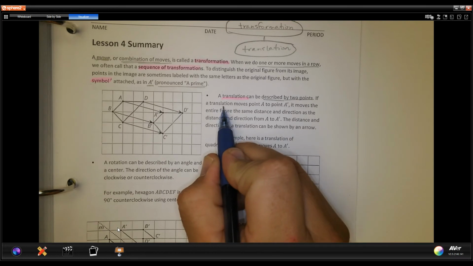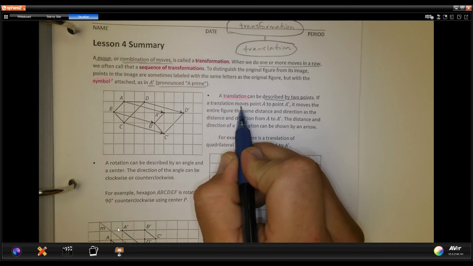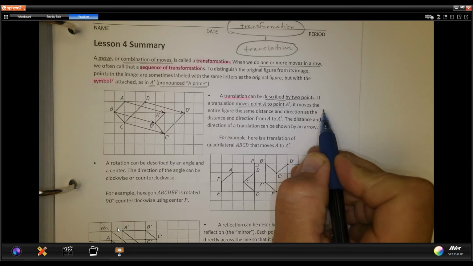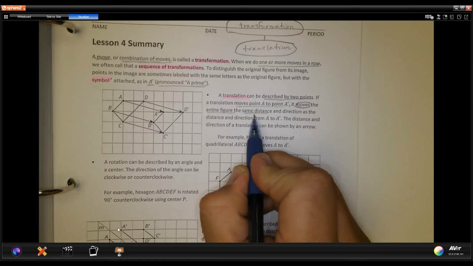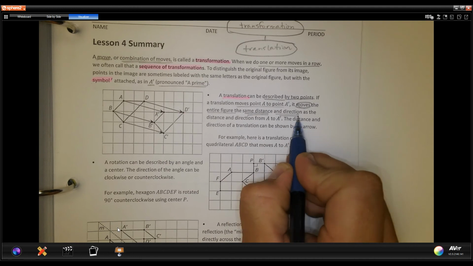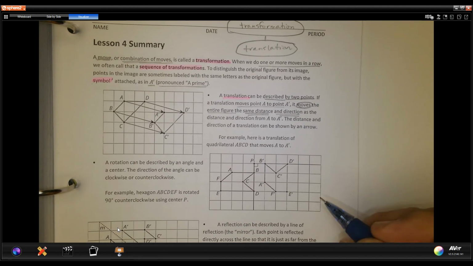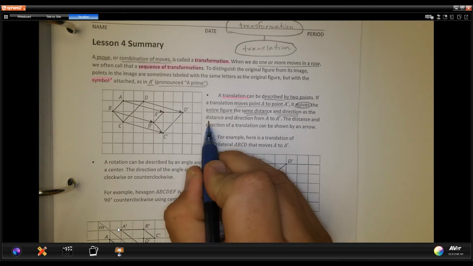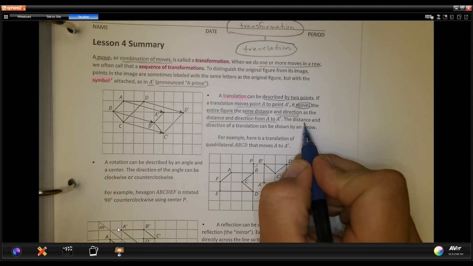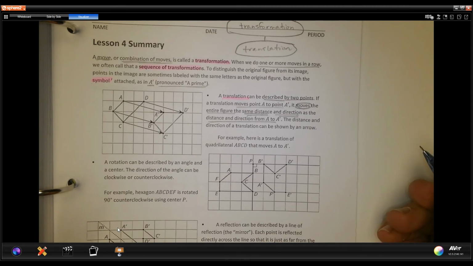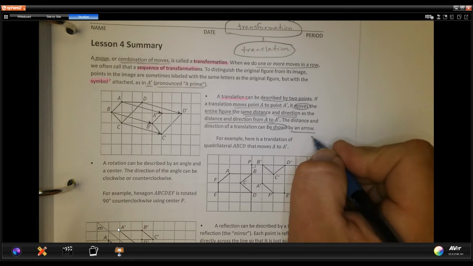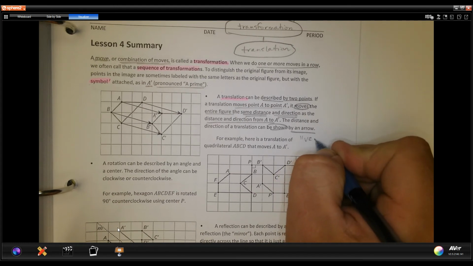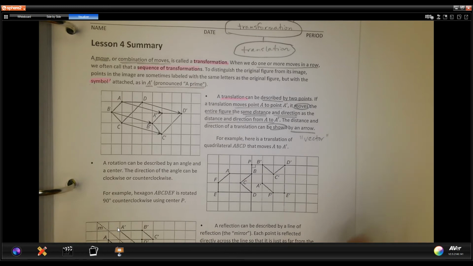If we're talking about a translation moving from point A to A prime, it means it moves the entire figure the same distance and the same direction as the distance and direction from A to A prime. I've already kind of talked about that. The distance and the direction of the translation can be shown by an arrow, and that word that I've talked about is vector, or a directed segment.